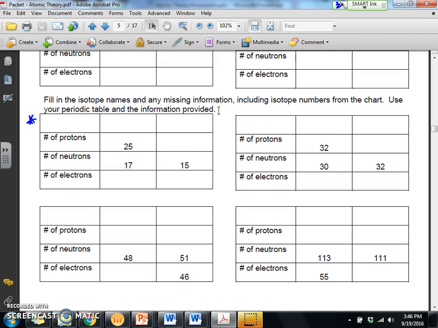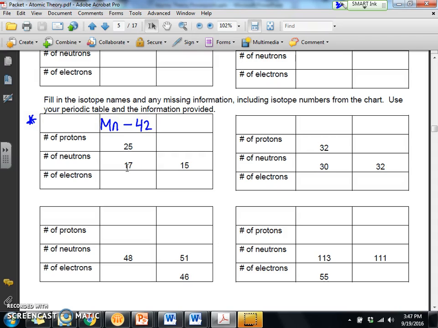So what I recommend is writing the symbol, not the name. So it would look like this: Mn dash whatever our atomic mass is, or our mass number. We figure out our mass number by adding the number of protons plus the number of neutrons. So 25 plus 17 will give me 42.